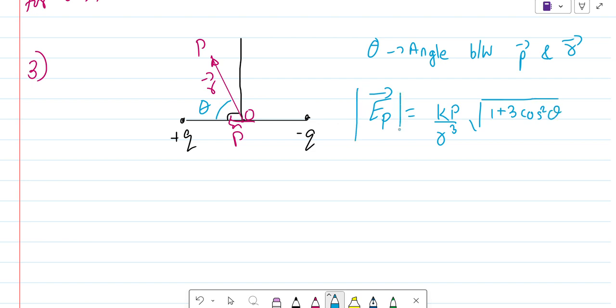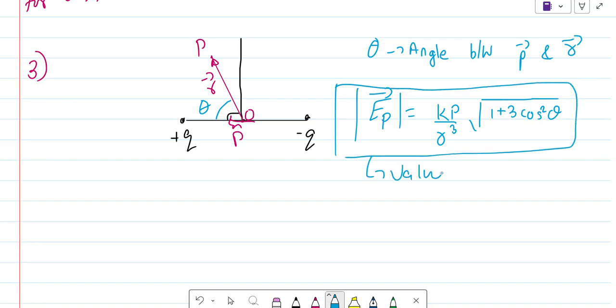This is the magnitude, okay, just the value part. From here you will get the value of the electric field. And as for direction, if I want to write it in vector form or state the direction directly, so it is in the direction of the dipole moment vector. Okay. Oh, sorry. I think I said in the direction of the dipole moment vector. It is wrong. It is in the direction of the position vector. That is, here r cap will be used. Okay.